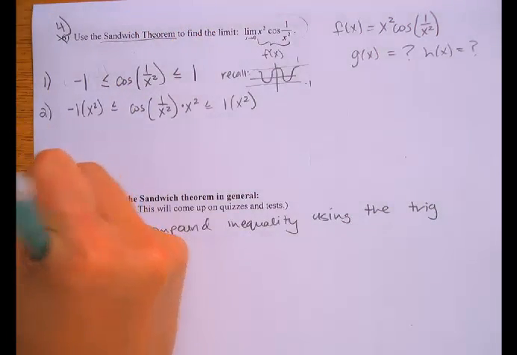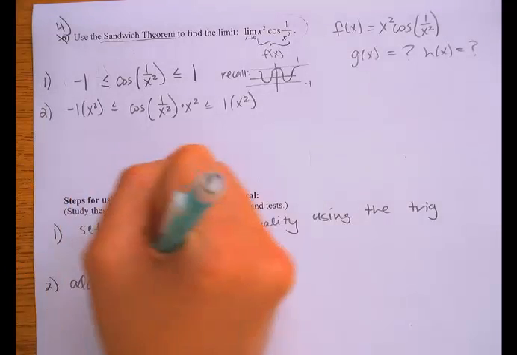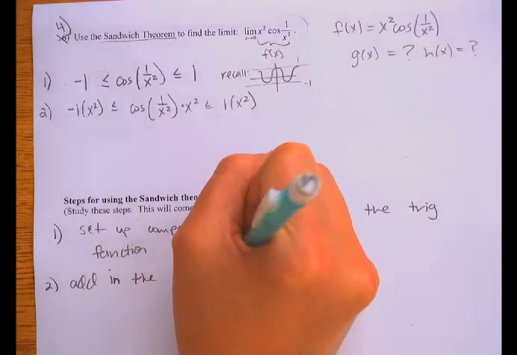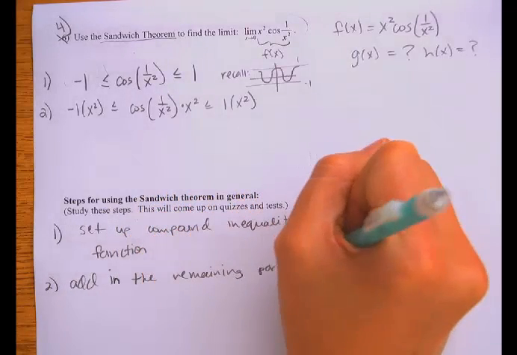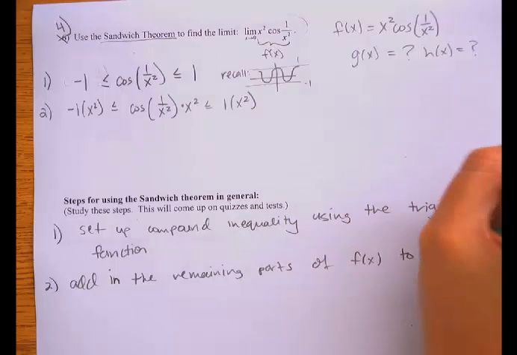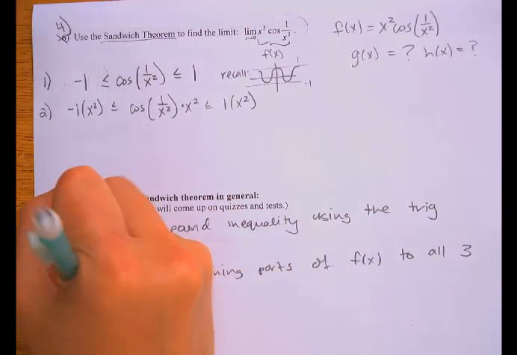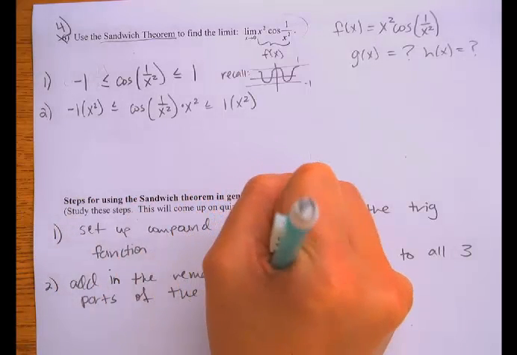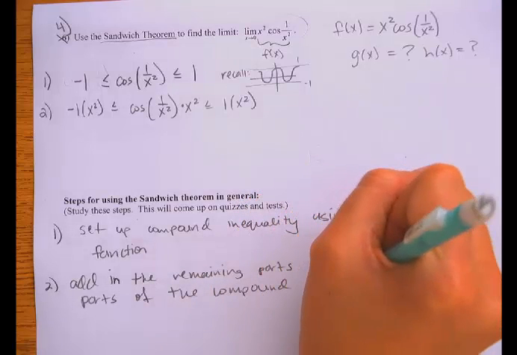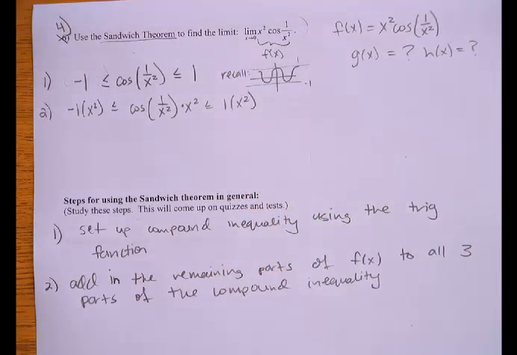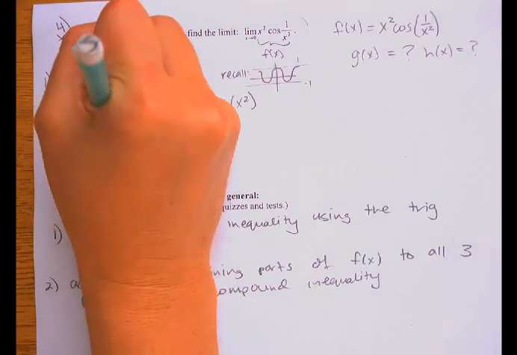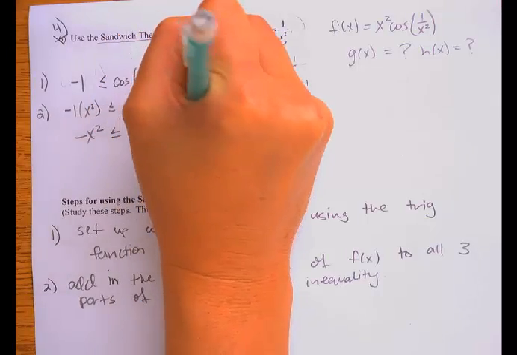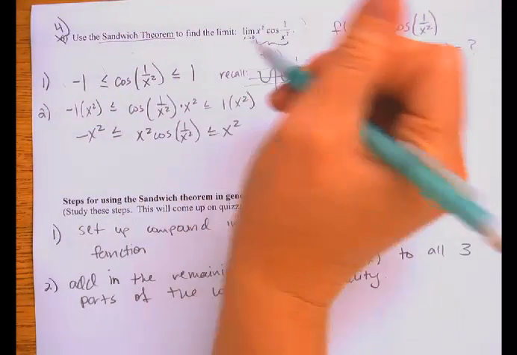So step 2 is add in the remaining parts of f of x to all 3 parts of the compound inequality. So I end up with negative x squared is less than or equal to x squared times cosine of 1 over x squared, which is less than or equal to x squared.